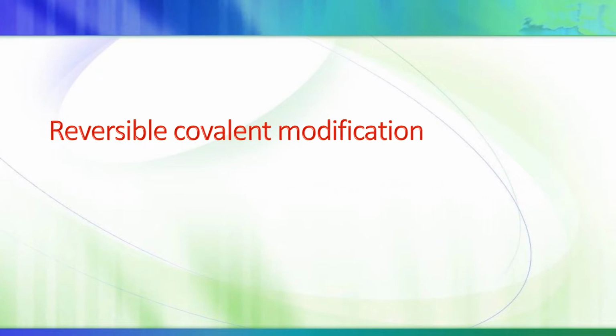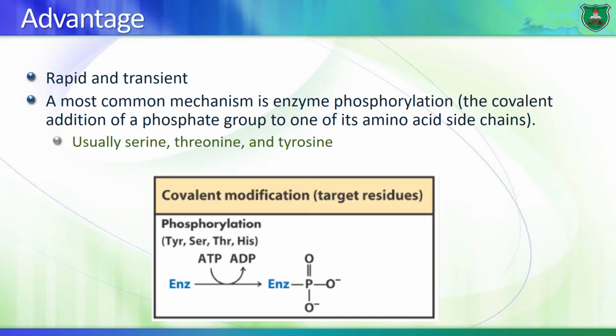So let's talk about reversible covalent modification now, which is another form of regulating enzyme activity. We already talked about phosphorylation. That is the addition of a phosphate group to proteins. That's what protein kinase A does. It phosphorylates amino acid residues in proteins and enzymes.